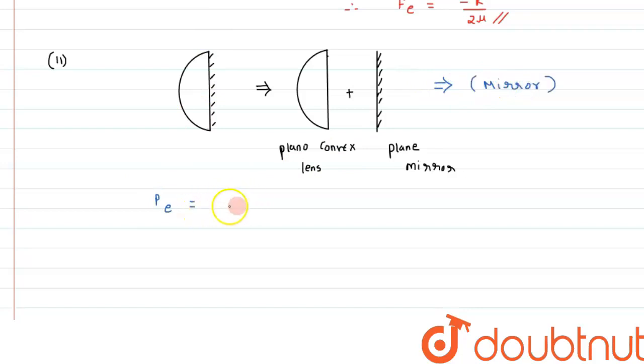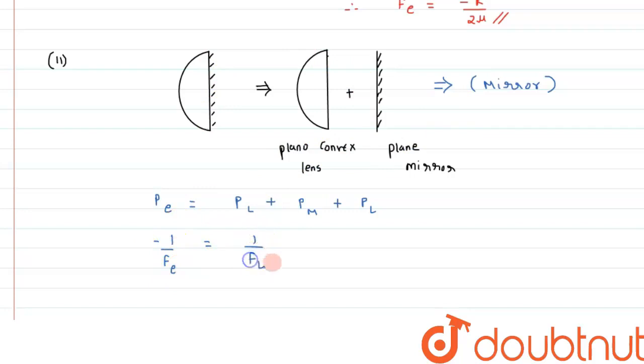Alright, so first we write power equivalent. The light will go through the lens, that is PL, then the mirror, and then finally again through the lens. In terms of focal length, we can write 1 over Fe, which is negative because the whole system is behaving as if it is a mirror, and for a mirror power is nothing but the negative of 1 over focal length.